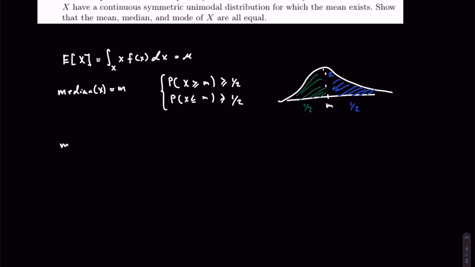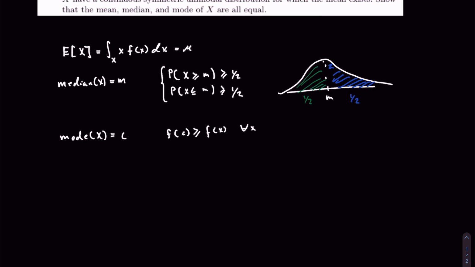The mode is the most typical value of a random variable. Let's call that c, and that is defined as the density at c being larger or equal to the density at all other values x in the support of the random variable x.